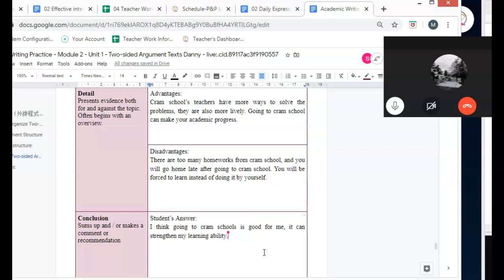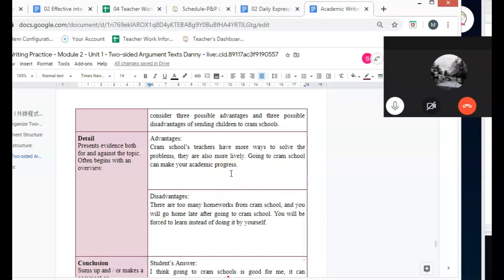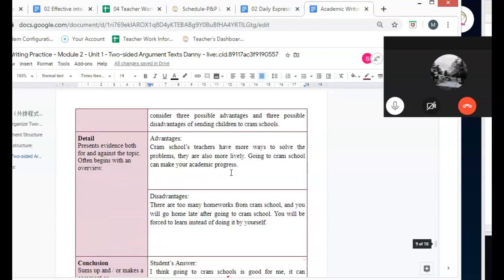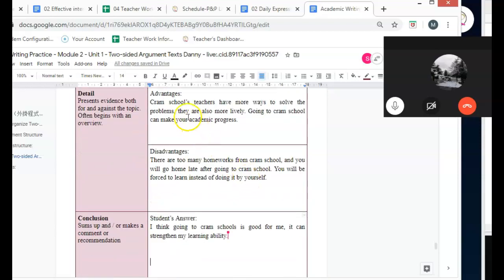Okay, so Danny, since our time is up, I noticed that you used the same sentence. So this will be your homework. Don't forget to answer with more detail on advantage and then disadvantage and then conclusion, so you can prepare your answers. Like here, going to cram school can make your academic performance progress.